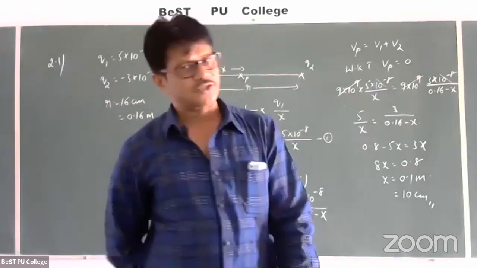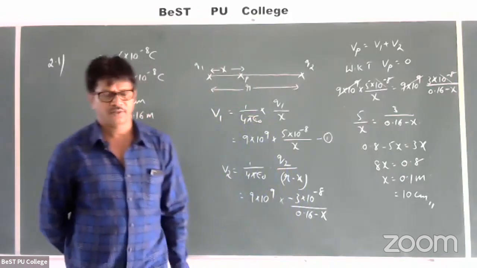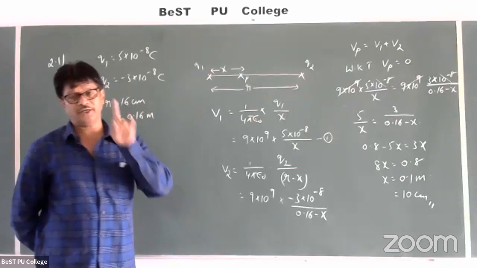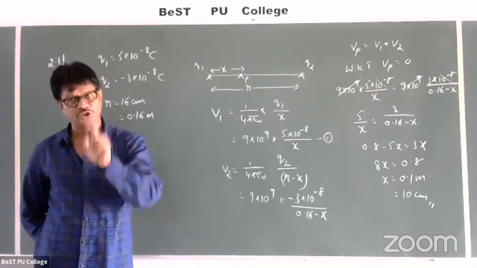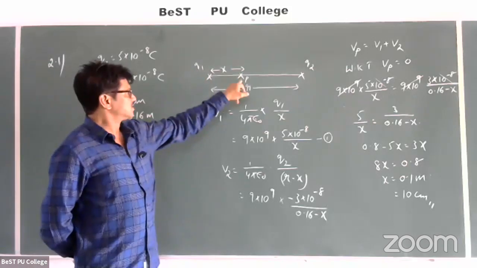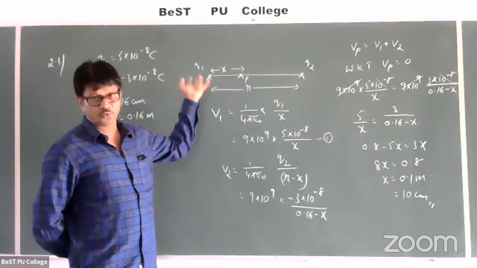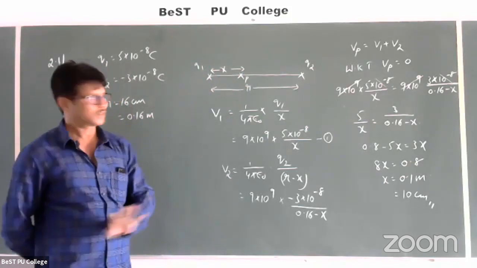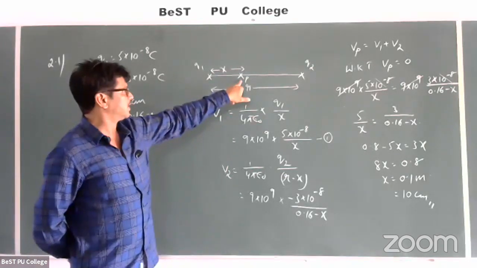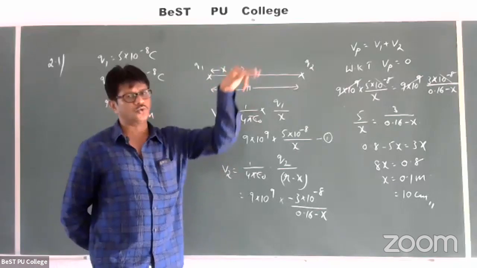But as we discussed in previous classes, we have to find both the cases, because there is a possibility to get the potential as 0 in two situations. One is inside and one is outside. So both the positions you have to find. So this is the point where I am considering inside, or between Q1 and Q2.